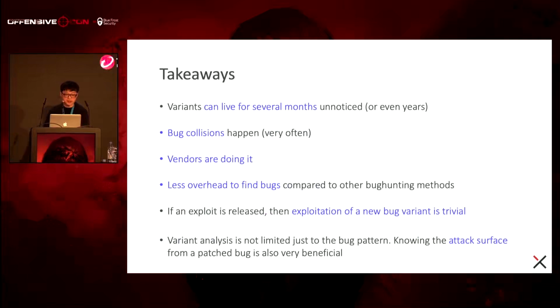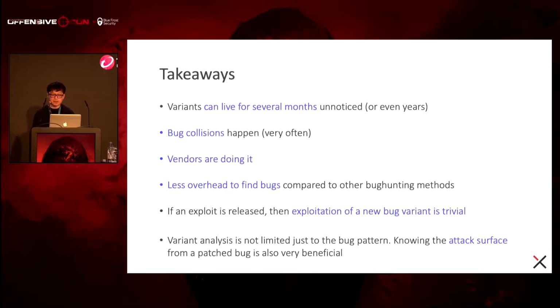So yeah, here are some of my thoughts on variant analysis. Variants of existing bugs can live on for several months or even years. However, bug collisions do happen very often, so you should brace yourself for the impact. And vendors seem to be doing it very actively nowadays. And the overhead for finding bugs is relatively small compared to other bug hunting methods.